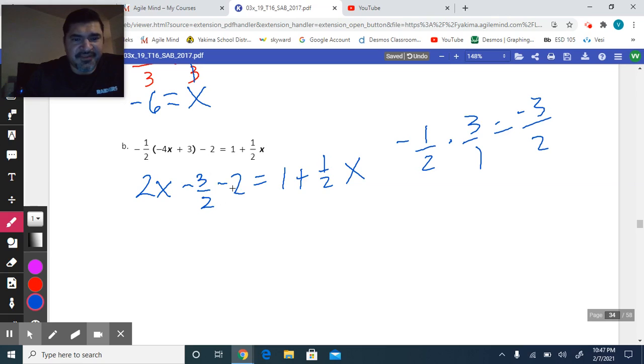Now I'm looking at this right here. I think I should combine these. So that's my next step. I'm going to combine these two. So I have 2x, and I have negative 3/2 minus 2. So I'm going to go ahead and write that up over here for you.